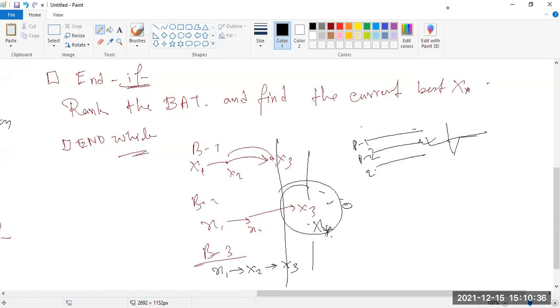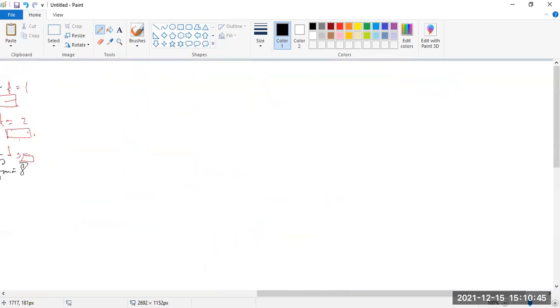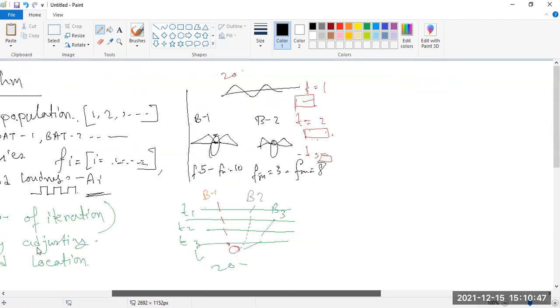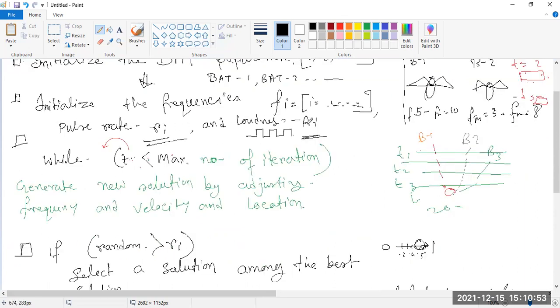So this is about your algorithm, but now we have to go through an example, otherwise we can't understand what the algorithm is saying. First is the initialization of the bat population, then initialize the frequency. All of these are initialization. Iteration means the first time you calculate, then the second time, then the third time.